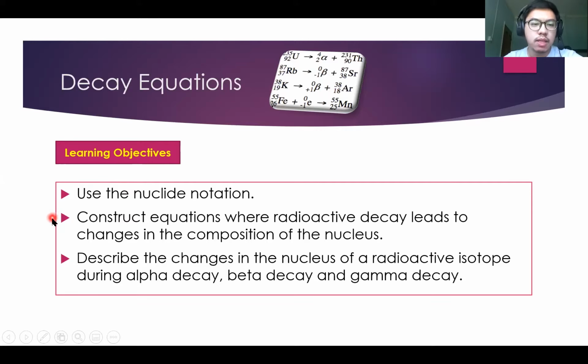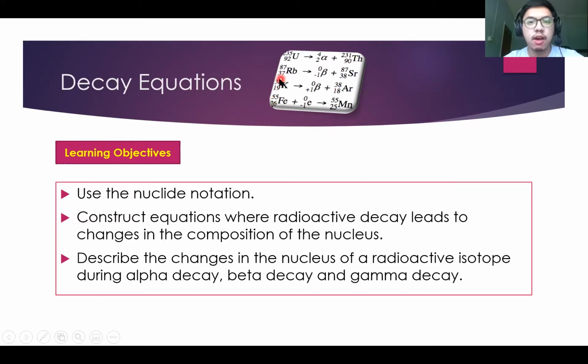The second thing that you will learn today, and also the second learning objective, is how to construct equations for radioactive decay. In radioactive decay, one element or one substance changes from one form to another, and it emits radiation. We can write down that process in terms of an equation.